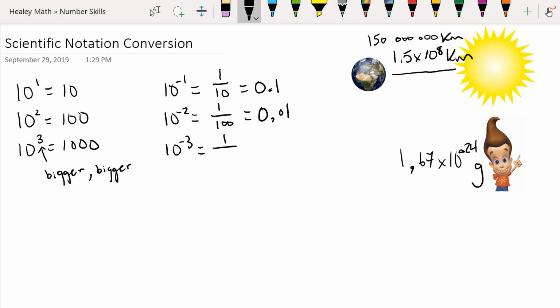And 10 to the power of negative 3 is the same as 1 divided by 1,000, which is 0.001. And as you should notice, as this number gets larger negatively, or gets farther away from 0, our number becomes much smaller.